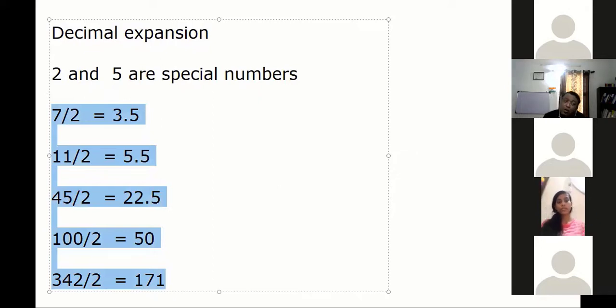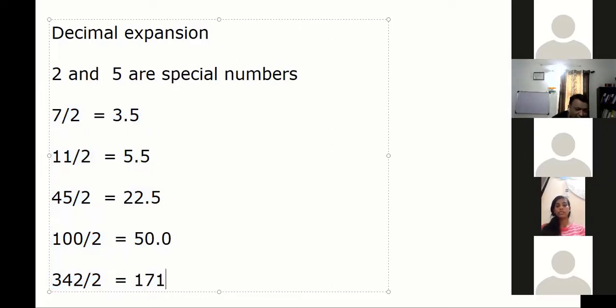What does it show? Any number in the universe, any integer or whole number, if you divide by 2, you will always get a terminating decimal. You can check any number. I say decimal because I can also write 50 as 50.0.